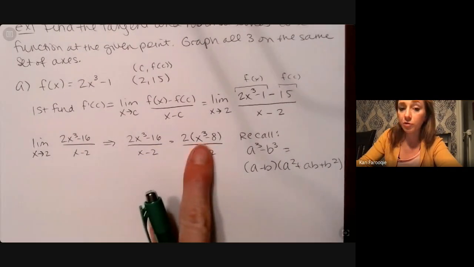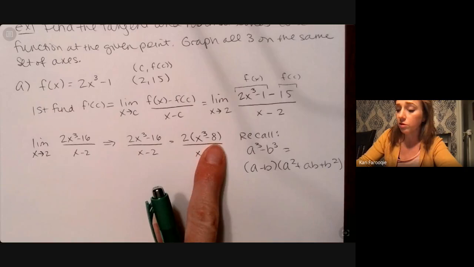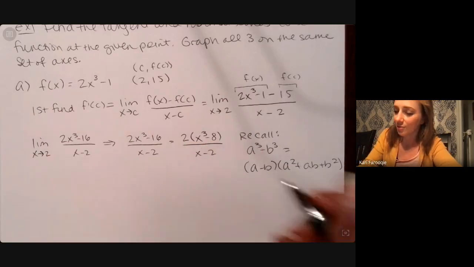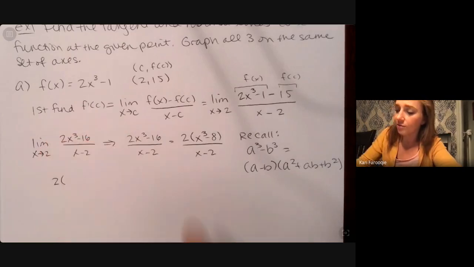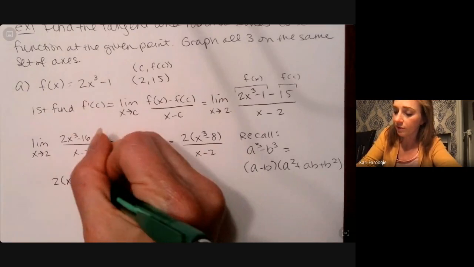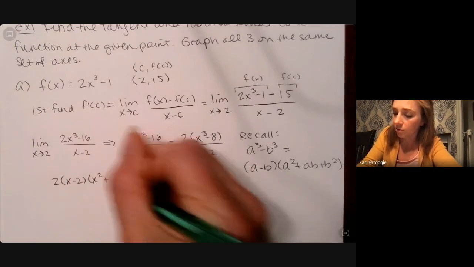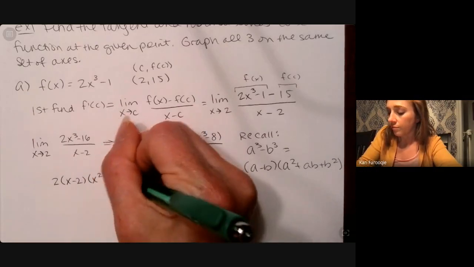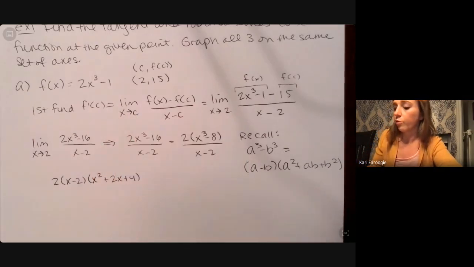So we have a difference of two cubes up here. 8 is 2 cubed, and x cubed is clearly x cubed. So we're going to rewrite this as 2 times x minus 2, and then x squared plus 2x plus 4.